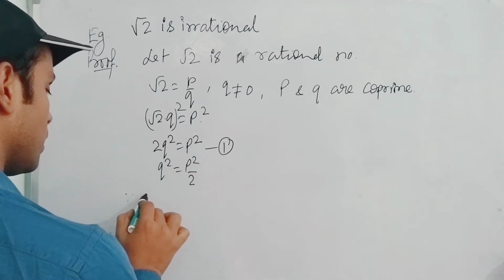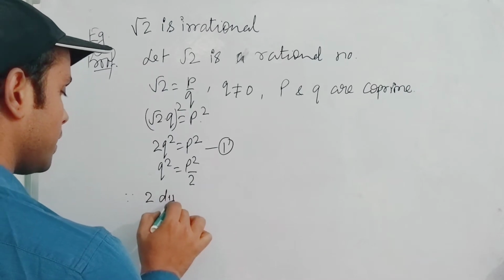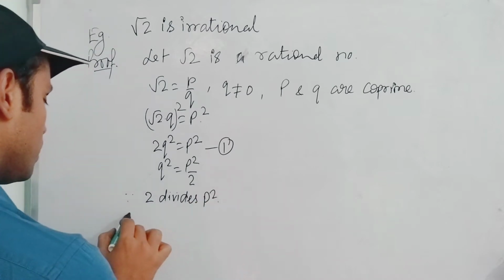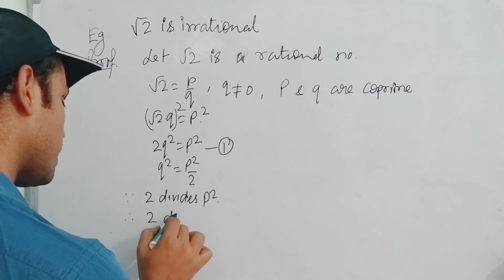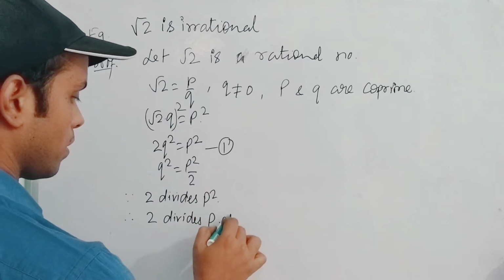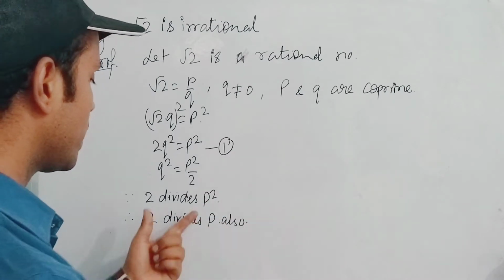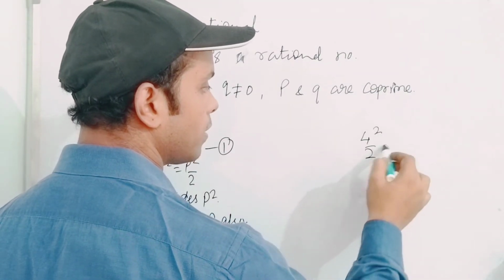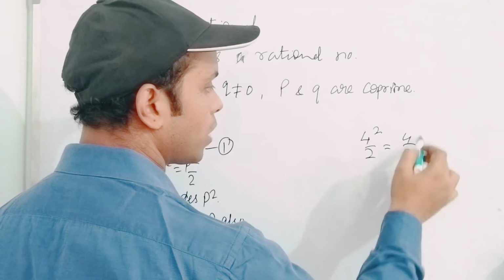So since 2 divides p square here, therefore 2 divides p also. Look, for example, if 2 divides 4 square, then 2 divides 4 also.